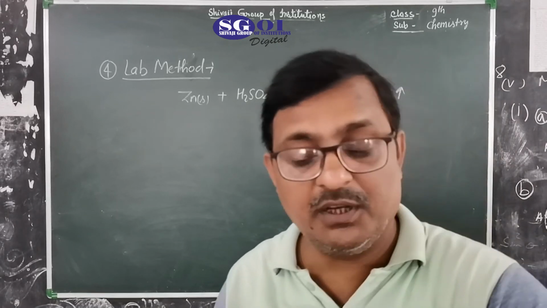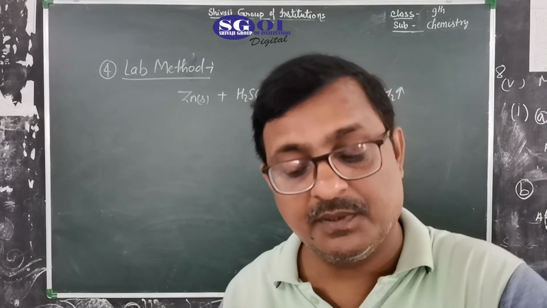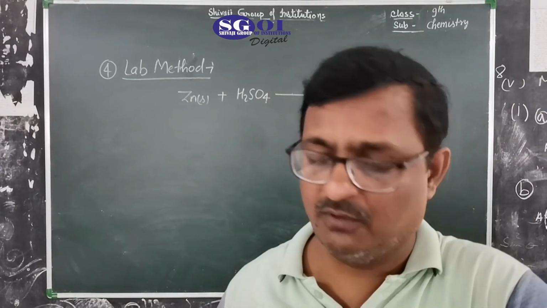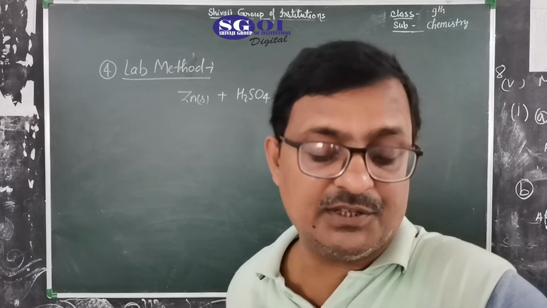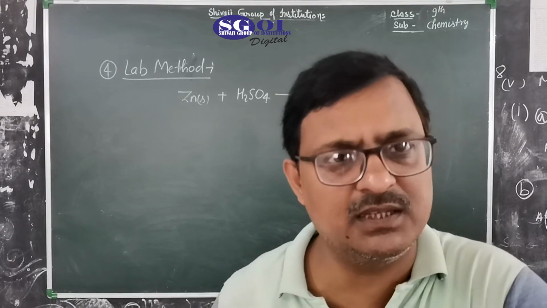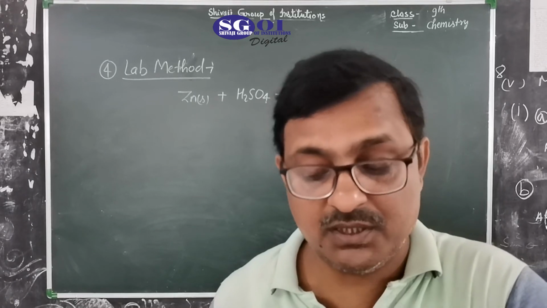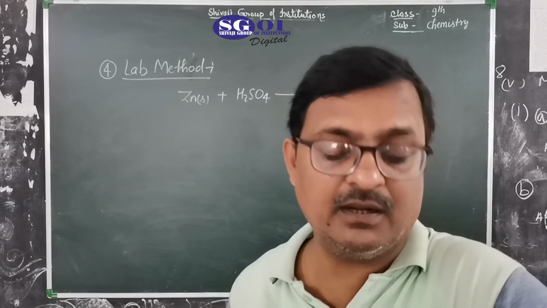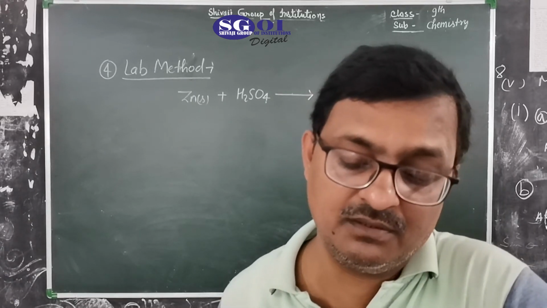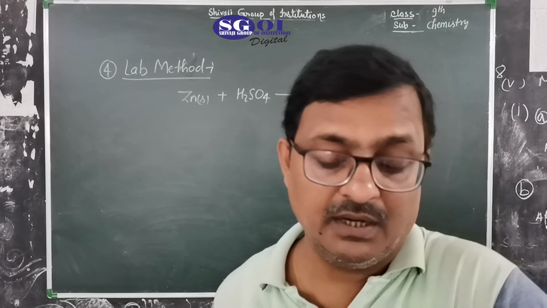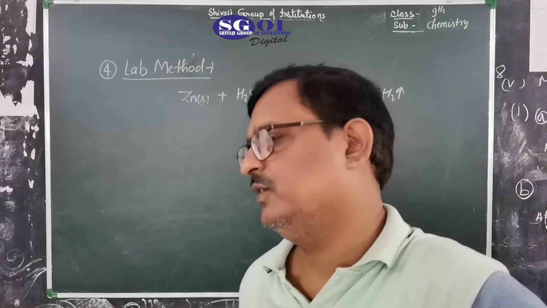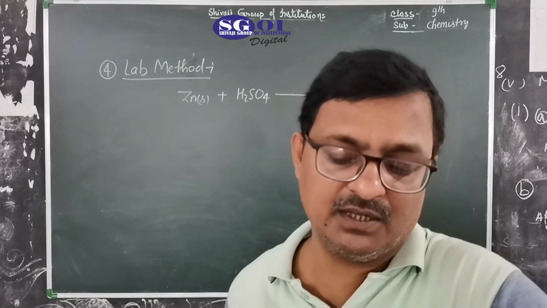Here some impurities are also present with the evolution of hydrogen gas, like arsine gas, phosphine gas, H2S gas, sulfur dioxide, carbon dioxide, nitrogen oxide, and water vapor. These impurities are removed.